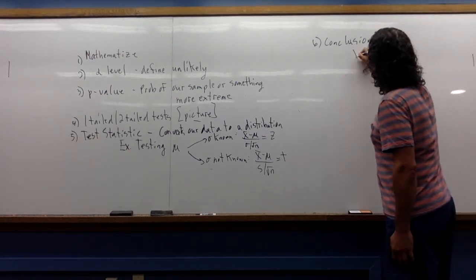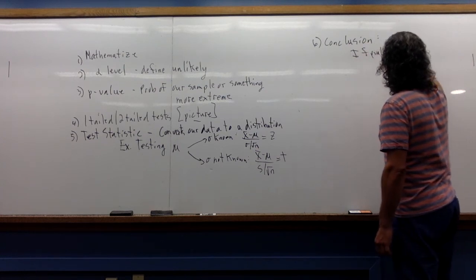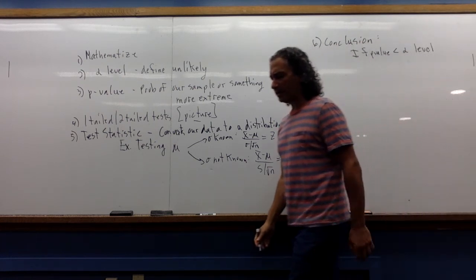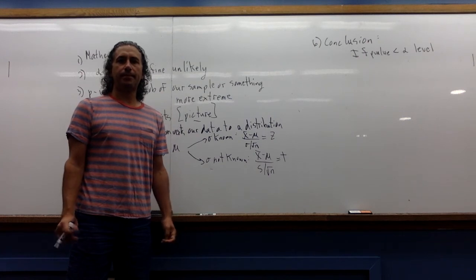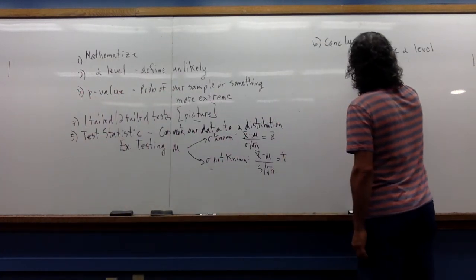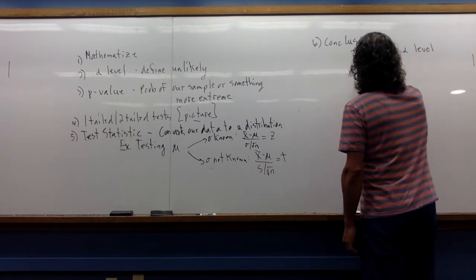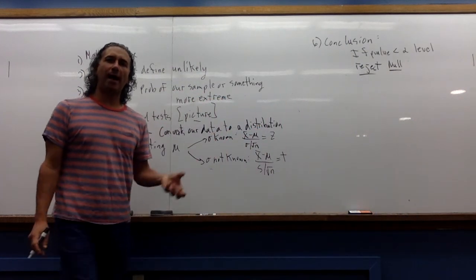So if the p-value is less than the alpha level, then what? Do you reject the null hypothesis or not? Well, hopefully you say, yeah, you reject the null hypothesis. Because the p-value is the probability of getting what we got.